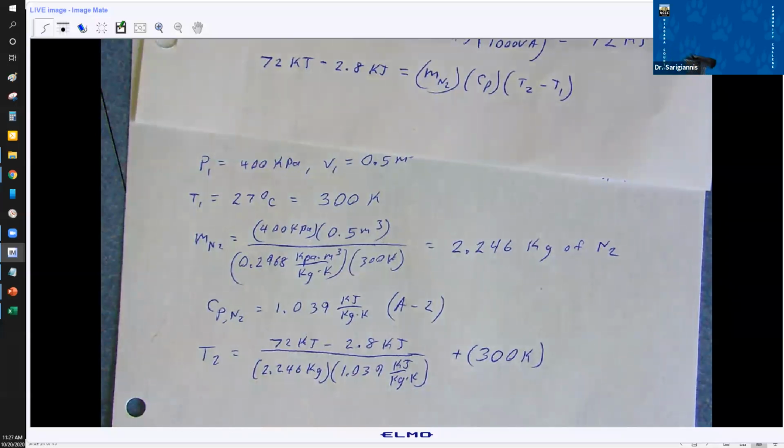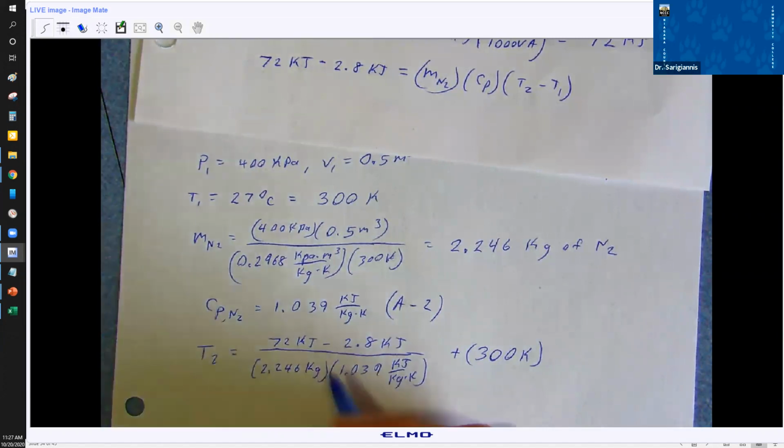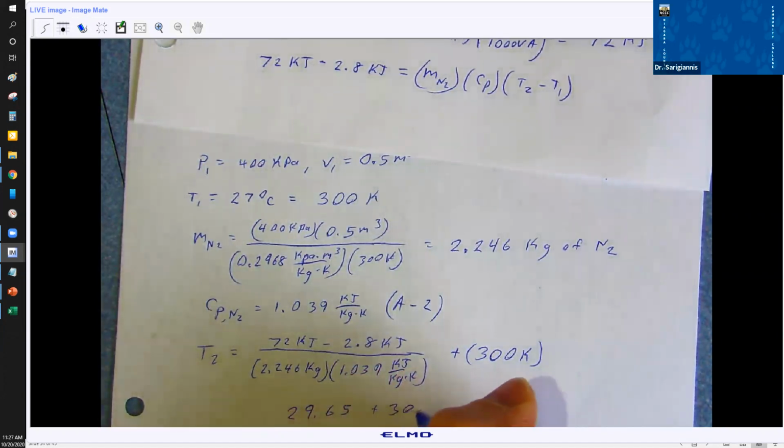So we need to add to it in Kelvin. 72 minus 2.8 divided by 2.246 times 1.039. Oh yeah, that's close. 29.65 plus 300. These are both Kelvin.